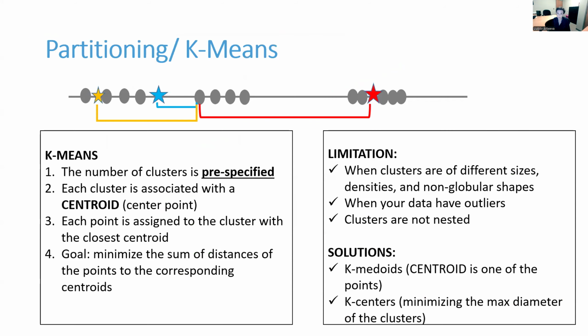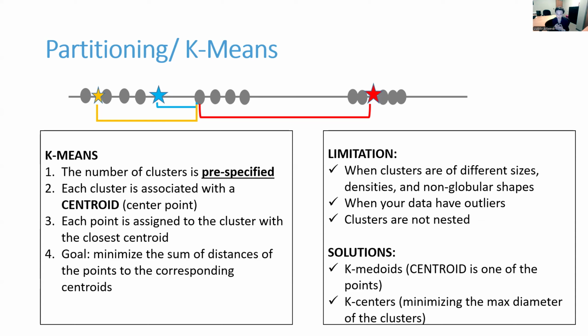So k-means is very simple, but it comes with limitations. For example, k-means doesn't work well with outliers, like I told you, and when the clusters have different shapes and sizes, or the clusters are not nested. You can do some steps like I described to make data more ready for k-means.